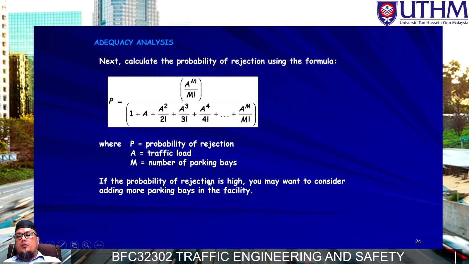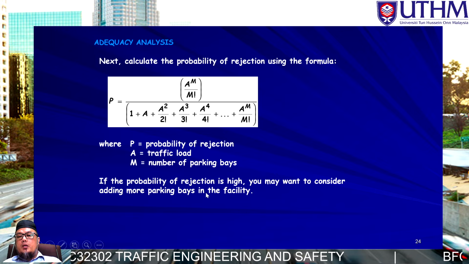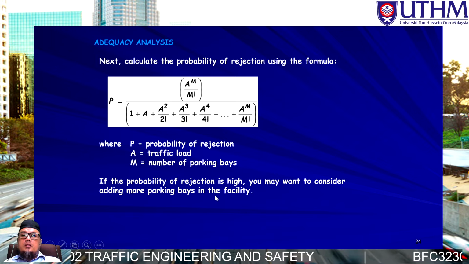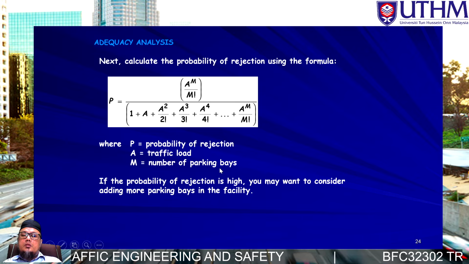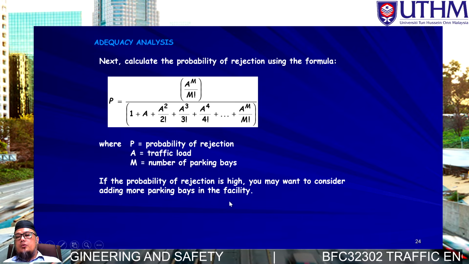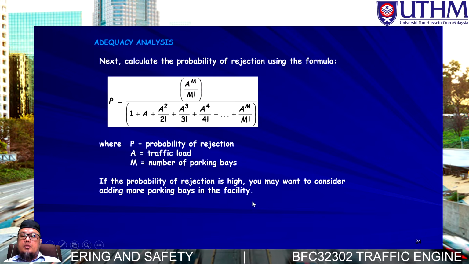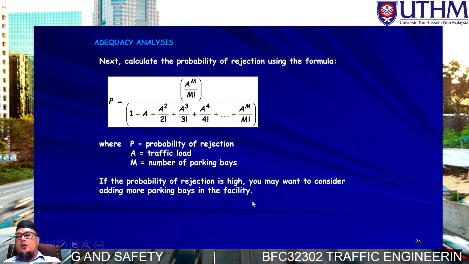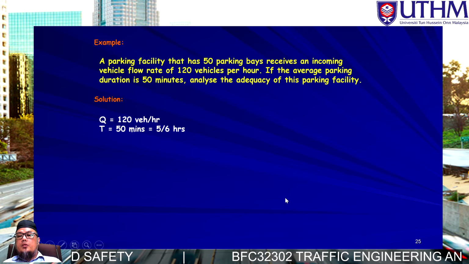If the probability of rejection is high, you may want to consider adding more parking in the facilities. It means the majority of the drivers or road users did not use that particular parking because of the very limited numbers. We may have to increase that.